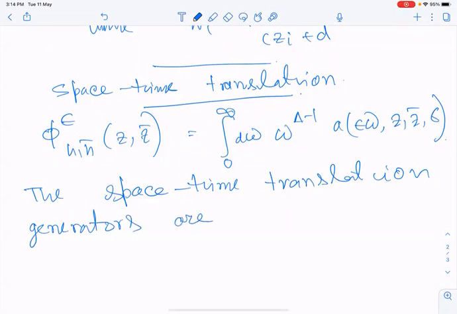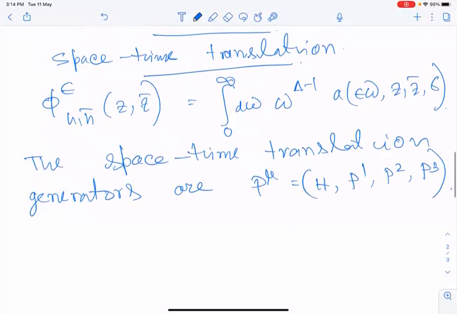Generators, of course, are 4 of them. So H is the time translation. So this is the Hamiltonian.